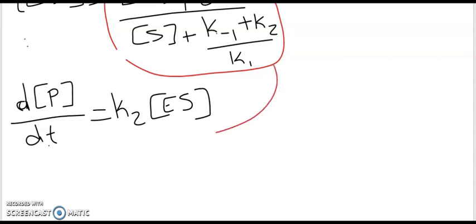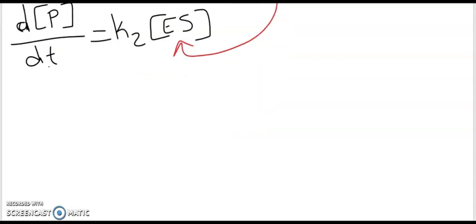Like I said, we can substitute this into here. And this leads us to the Michaelis-Menten equation, which we have here.